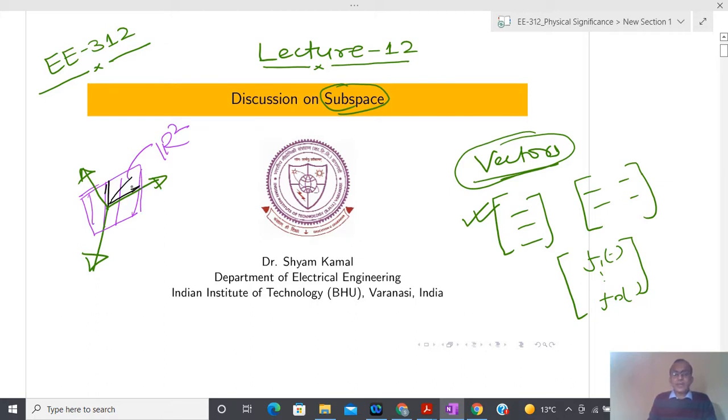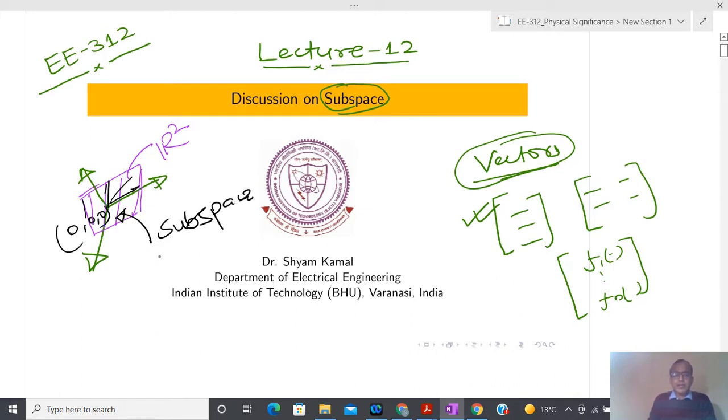So this particular plane inside three-dimensional space, which passes through the origin, has the same properties as a vector space. Due to that reason we identify this subset of vectors as a subspace.